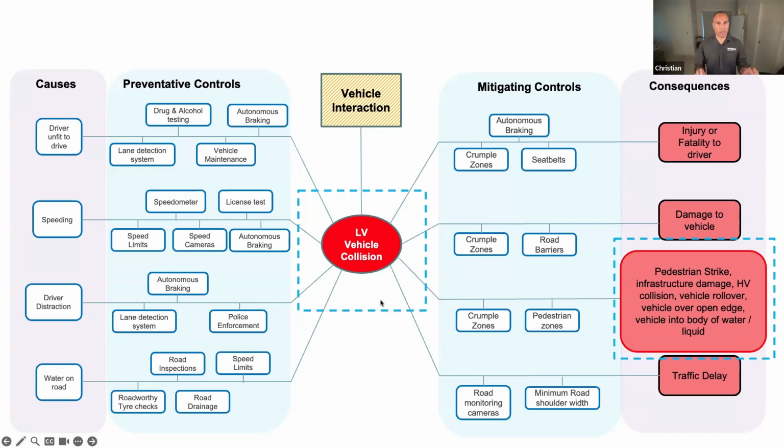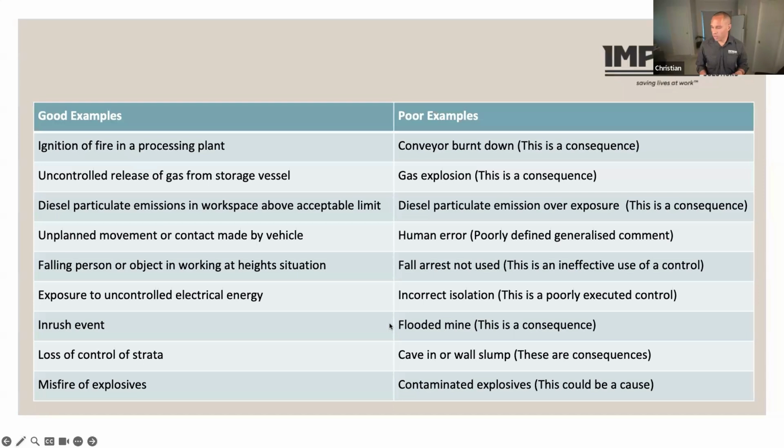So hopefully that's making sense. I did move backwards and forwards there, but that's just re-emphasizing the middle needs to be a loss of control. It shouldn't be a consequence or a failure of a controller, which is one other thing we see here. So in the slide pack, which we'll share with you, there's some good examples and poor examples in there, and some rationale as to why.